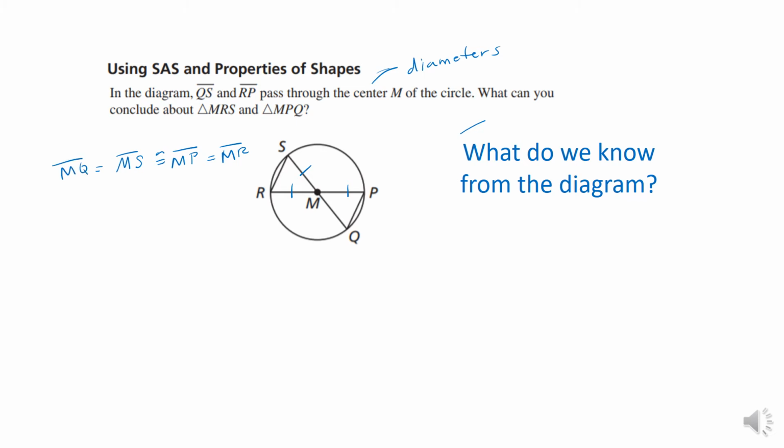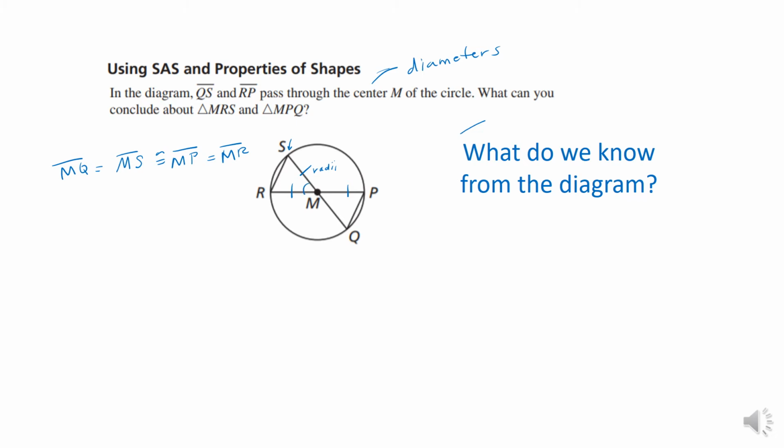And that's because all points on a circle are the same distance from the center. So these are points on the circle, and they're the same distance. Those are the radius, right? Those are all radii, so they are all congruent, okay? So that proved that. Now I'm going to look at this, and I'm going to say, okay, we've got this triangle. They want MRS. So do we have any angles that we can prove?